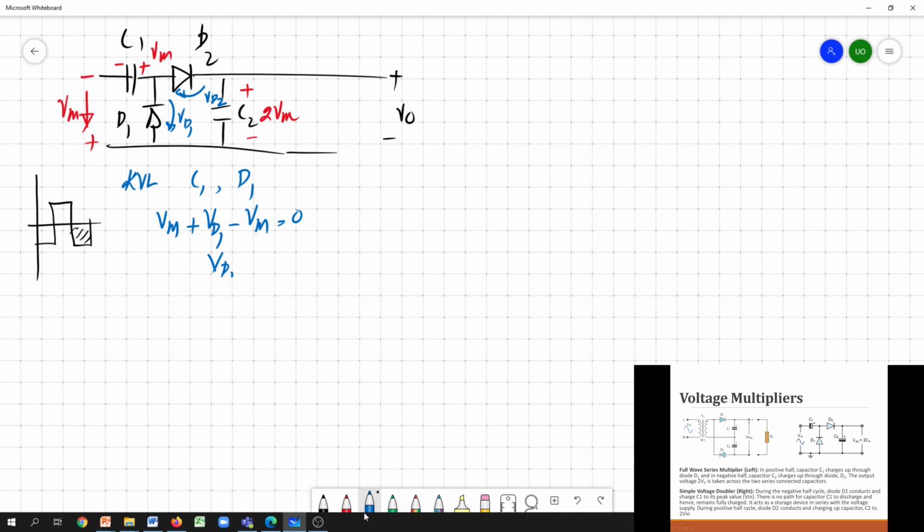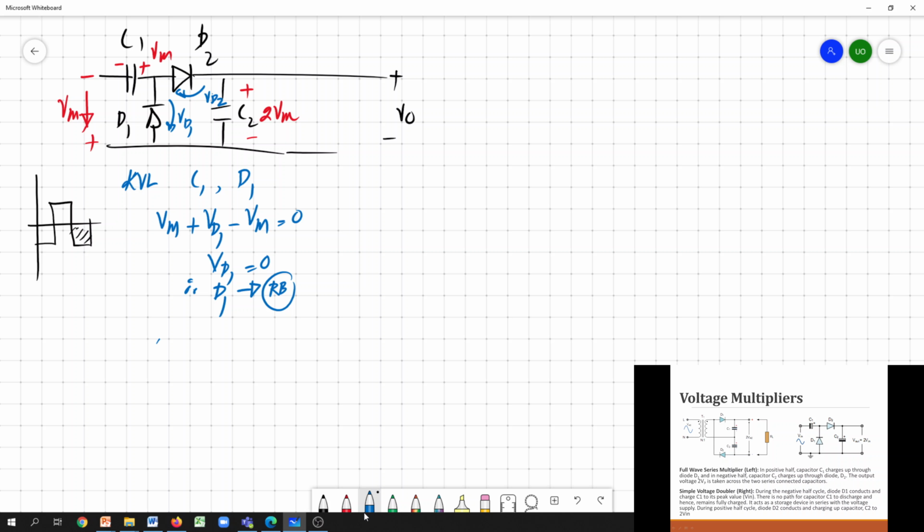So Vd1 is basically 0. So then we can claim that diode 1 is in the reverse bias region, because if we consider the previous status of the diode, it was basically in reverse bias. So D1 is now reverse bias.